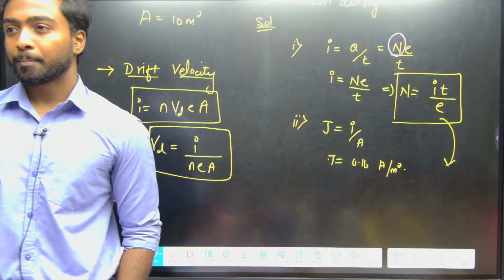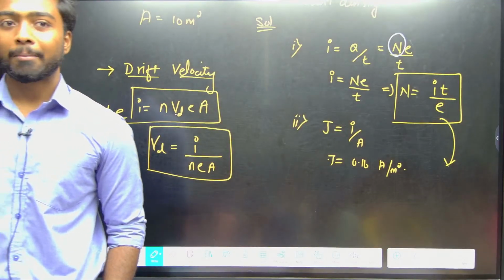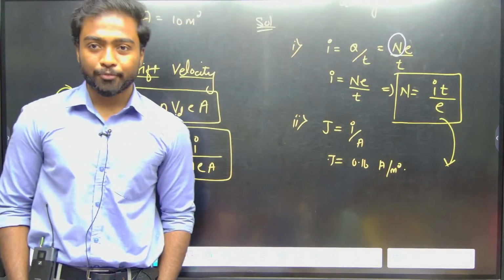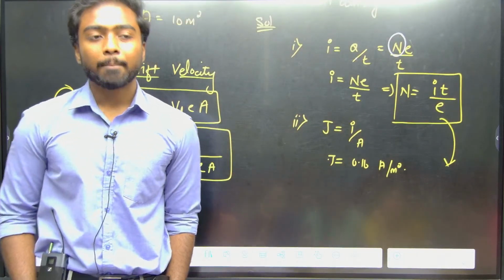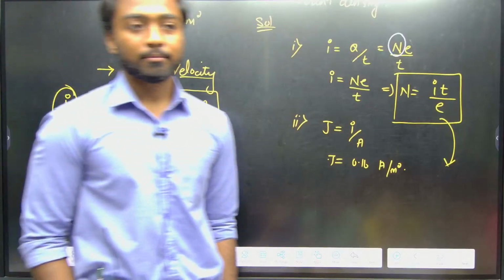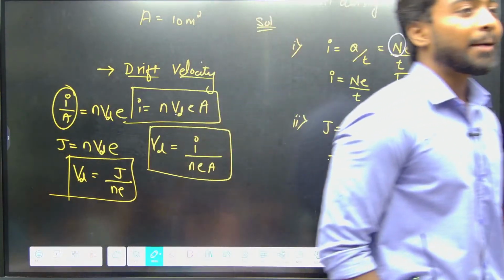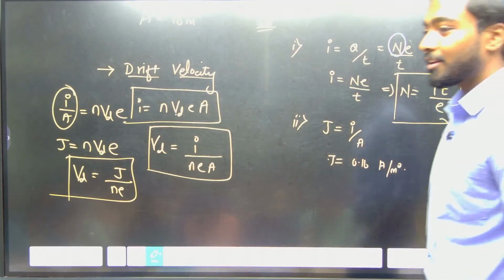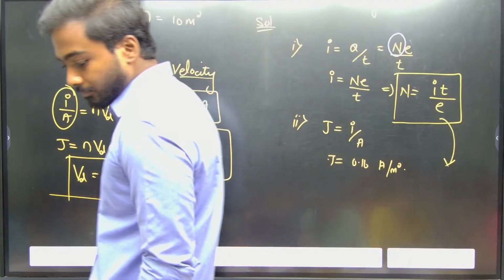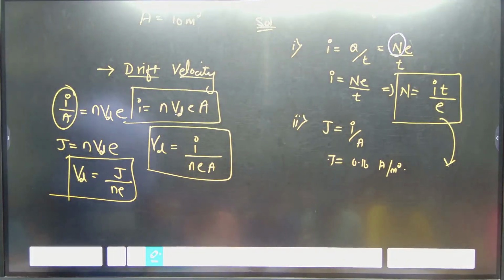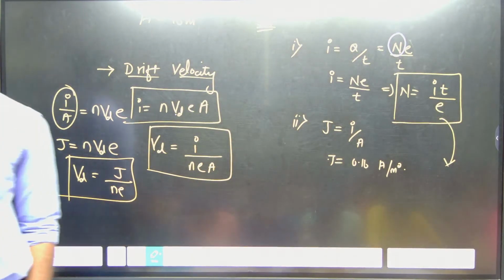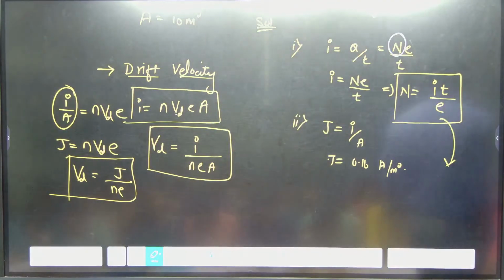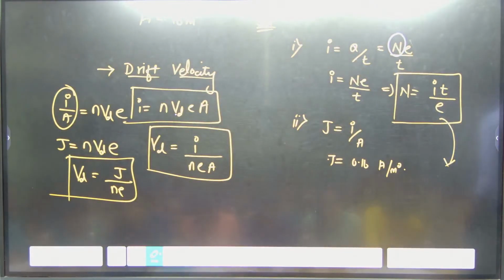What is the meaning of per meter cube? m power minus 3. n is equal to 8.5 into 10 power 28 m power minus 3. Okay. Now find the drift velocity first. Convert everything to the same SI unit. How much area have they given? 1 millimeter square.